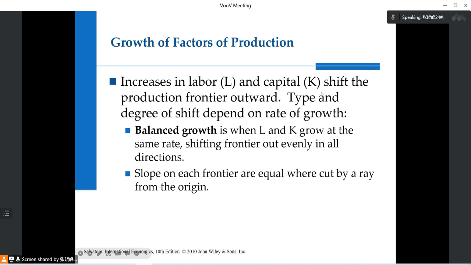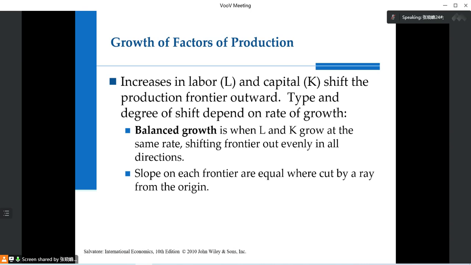Now, what is the growth of factors? The factors of production: that is the increase in labor and capital.